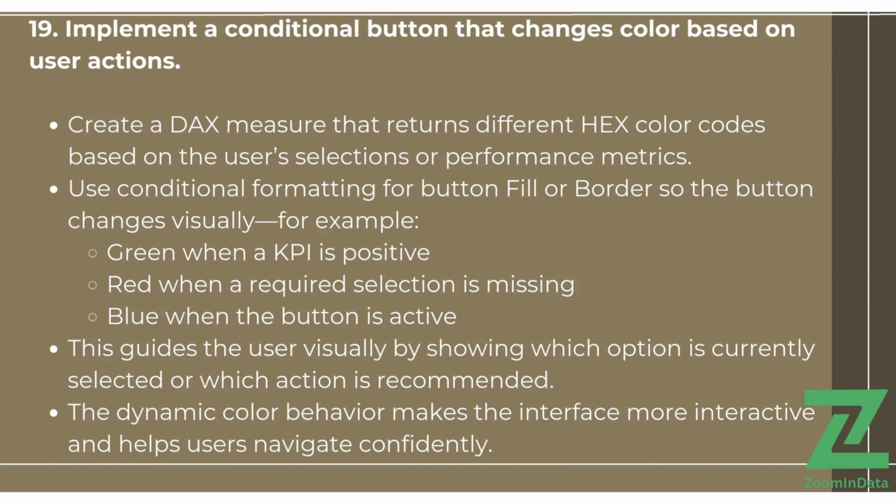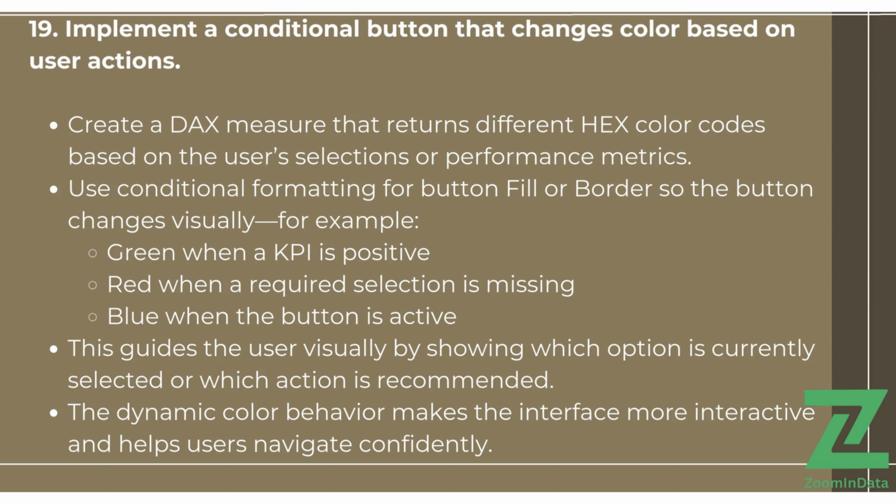19th question. Implement a conditional button that changes color based on user actions. Create a DAX measure that returns different hex color codes based on the user's selections or performance metrics. Use conditional formatting for button fill or border so the button changes visually.